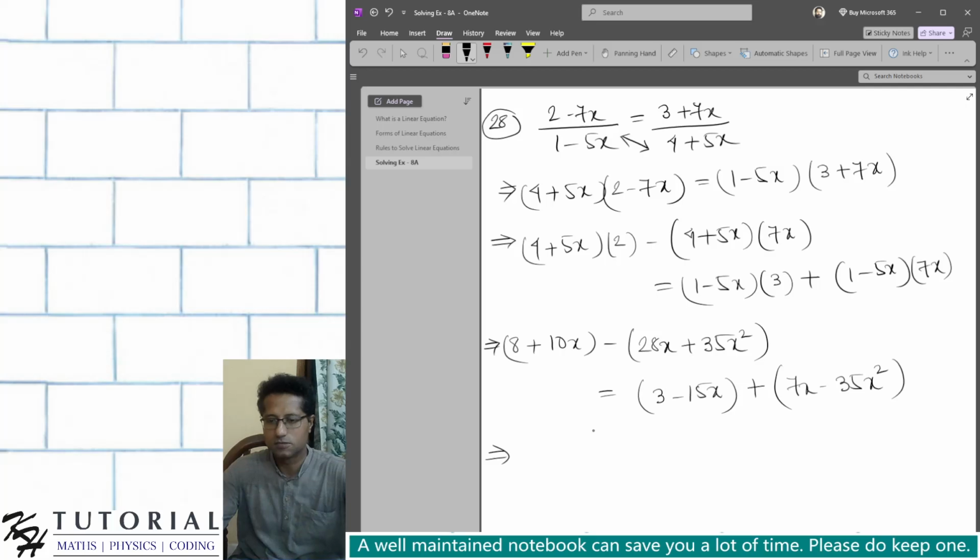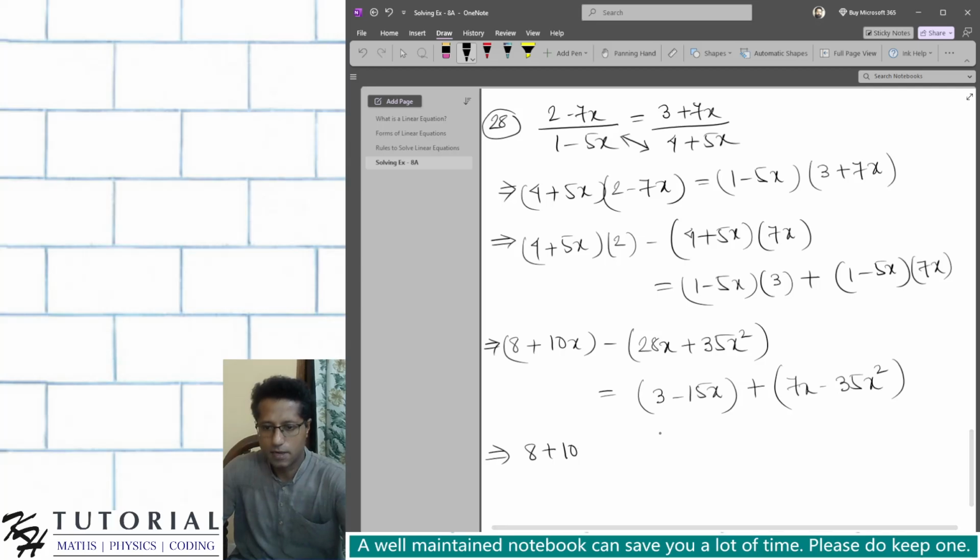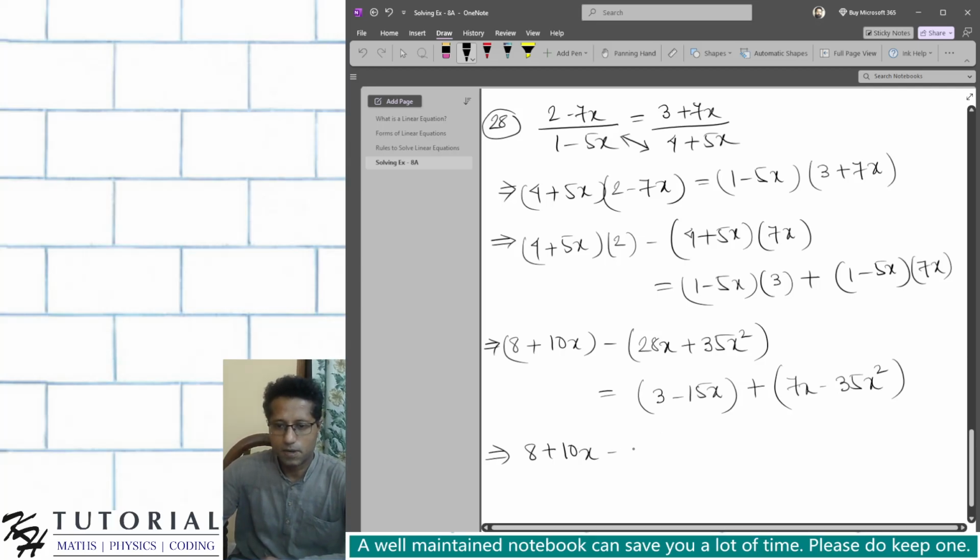Now you have to open up the brackets, and further simplify both the sides, both the LHS and RHS, and we get 8 plus 10x minus 28x minus 35x square is equal to 3 minus 15x plus 7x minus 35x square.